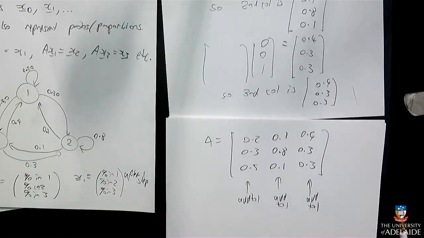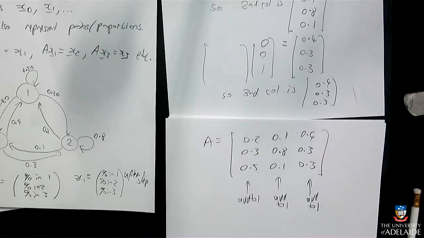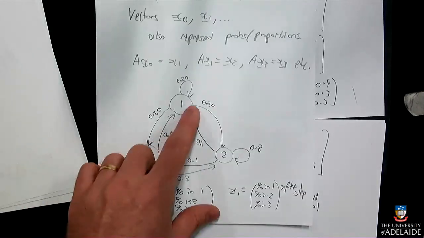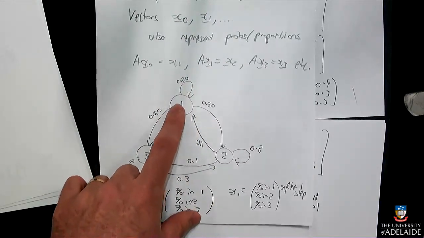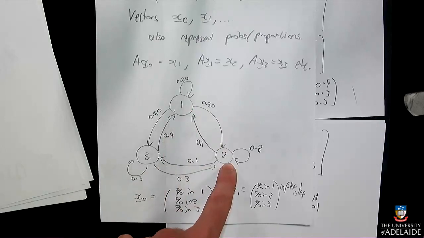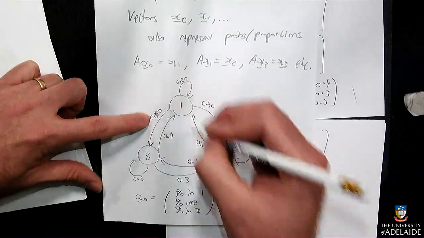Okay, so, rightio. The idea is that if you don't start with 100% of them in one corner, then what you have is, maybe you had 50% here, then 20% of the 50% will end up here, and 30% of the 50% will end up here, and 50% of the 50% will end up here.